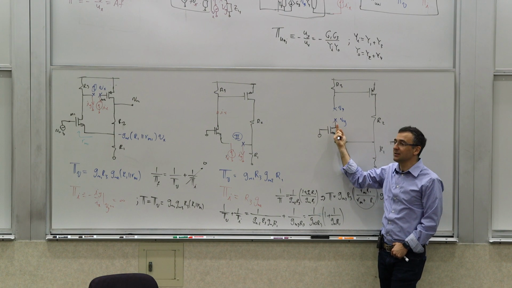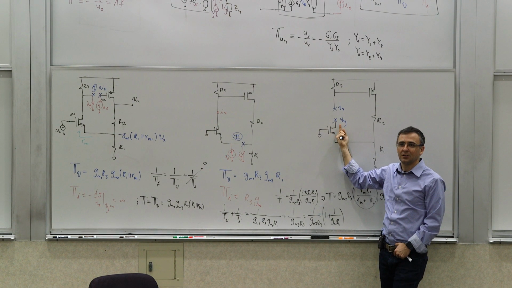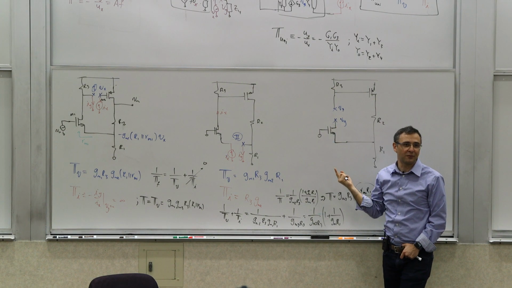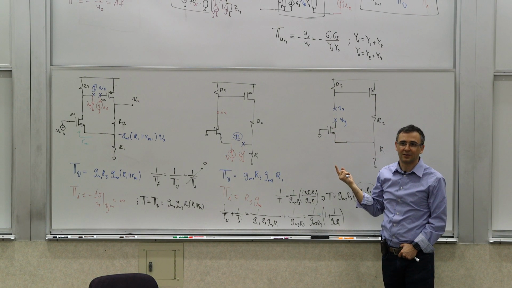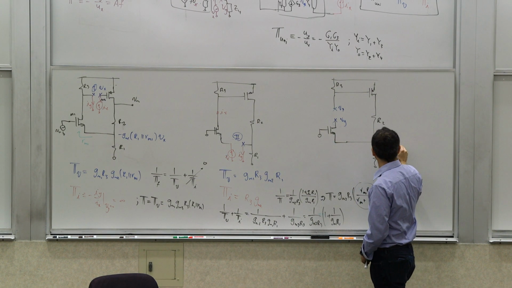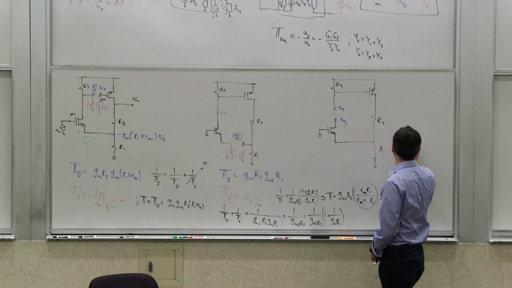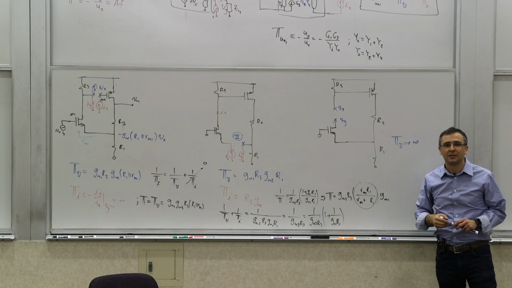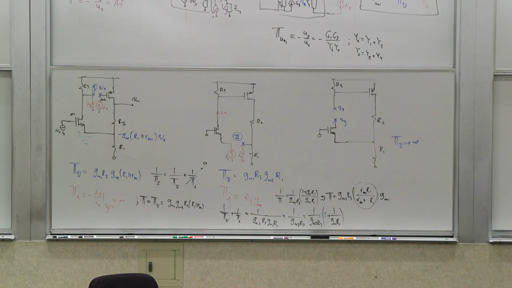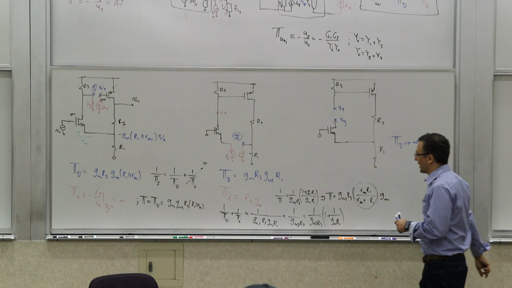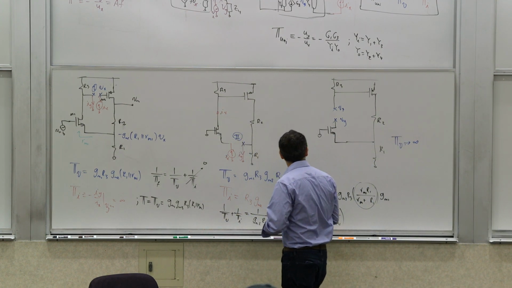If I'm driving infinite impedance, the voltage loop gain is going to be infinity. I mean, I should say really it goes to infinity, but very large, notationally to be a little bit more accurate. But again, that's that.